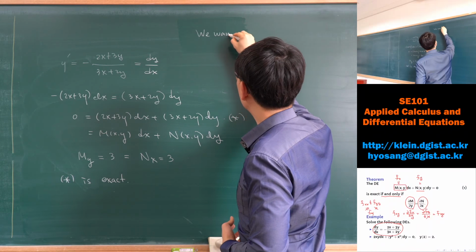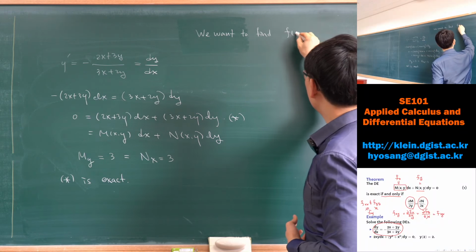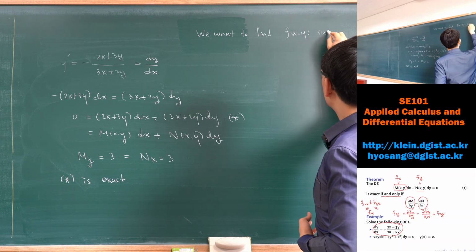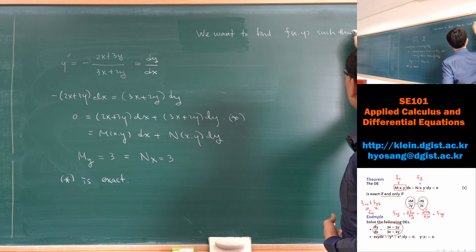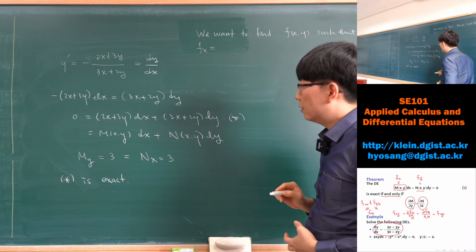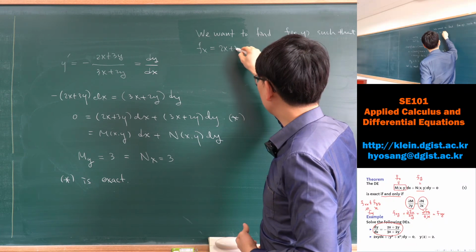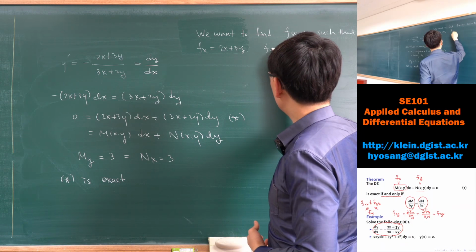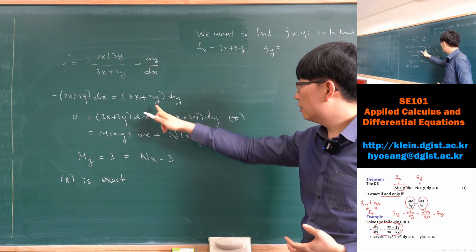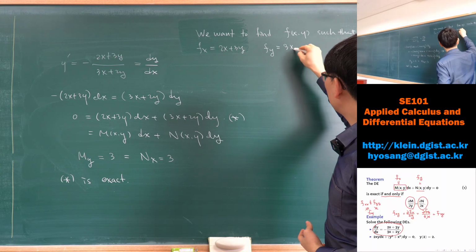We want to find f(x,y) such that if I take the partial derivative in x, then I get M, 2x plus 3y. And also if I take the partial derivative in y, then I get the second coefficient, 3x plus 2y.